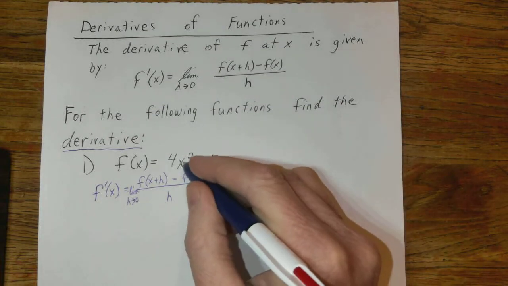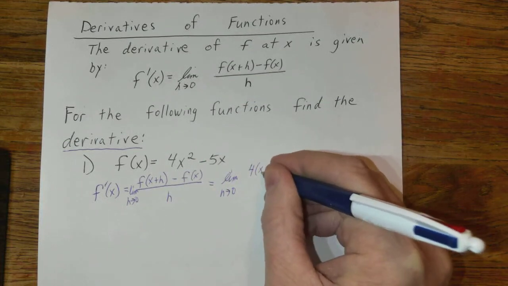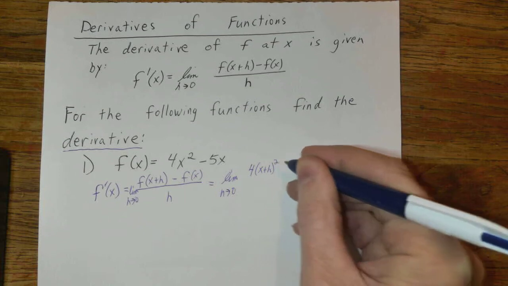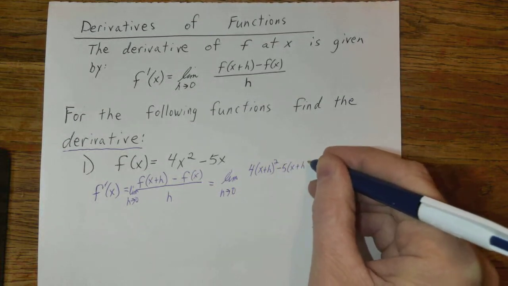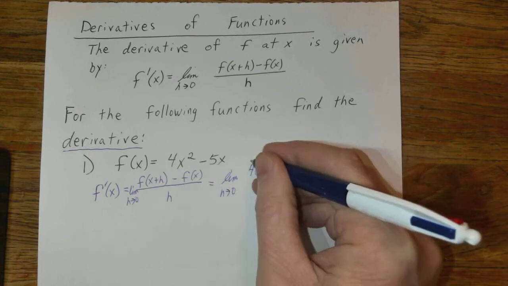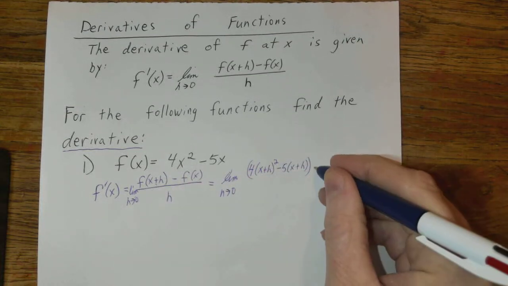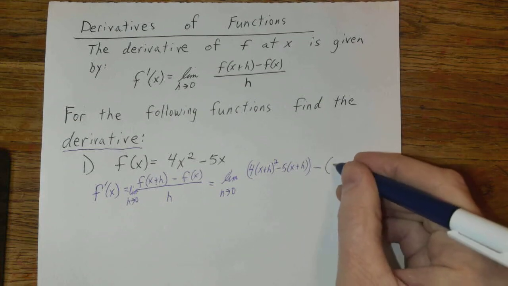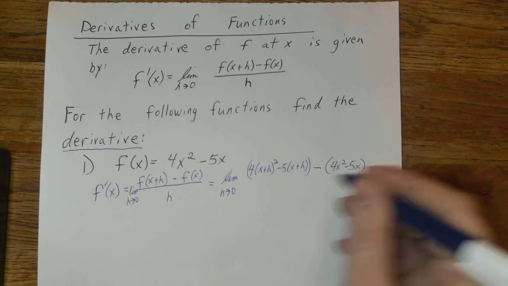For x plus h, I'm going to take 4 times x plus h squared minus 5 times x plus h. And that is the f of x plus h part. Then I'm going to subtract f of x, which is 4x squared minus 5x.